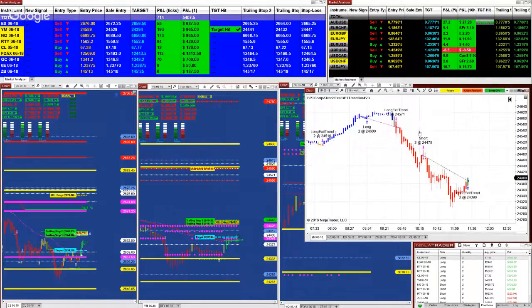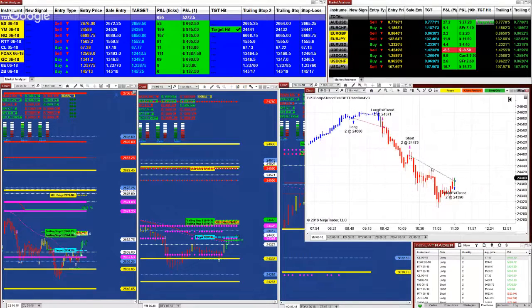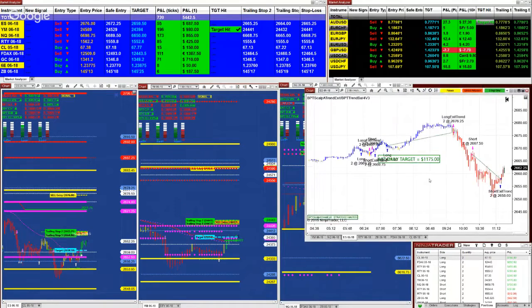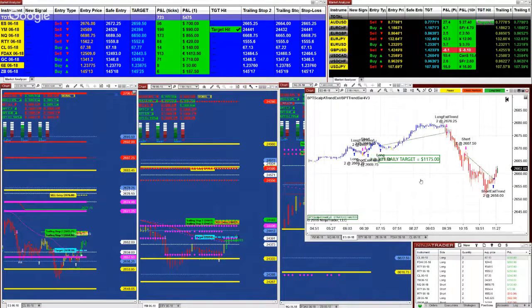As an example, right now we just finished that trade on the YM. This is based on the 3 minutes. The Nasdaq just hit the 2455 on the 3 minutes chart, and it hit 1175 on the ES. Beautiful entry, and it was done.